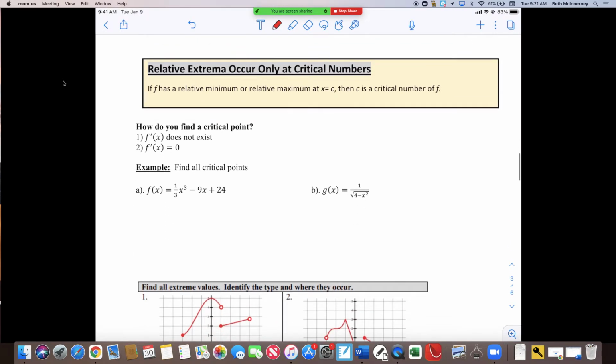So I'm going to pause a moment, and I want you to find the derivative first in these 2 examples. On letter A, I think you can easily find where the derivative is 0.